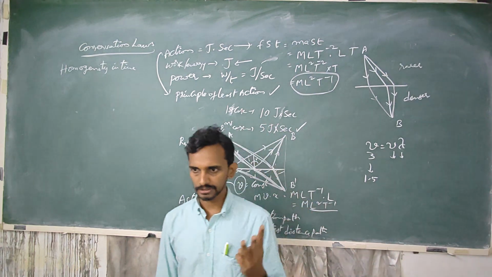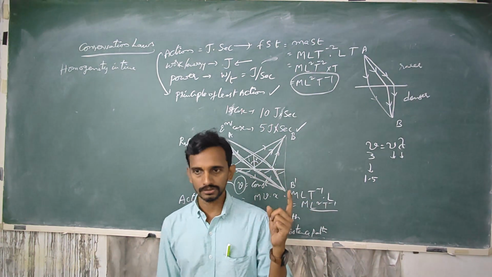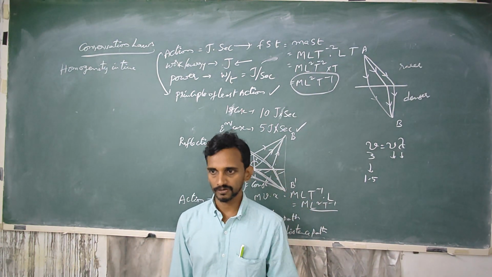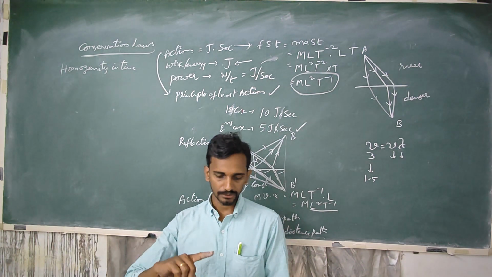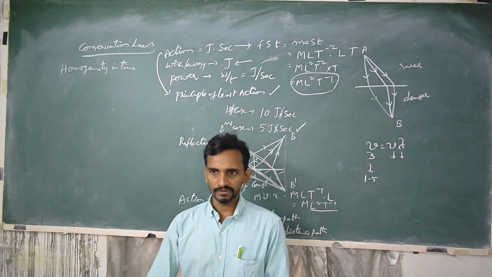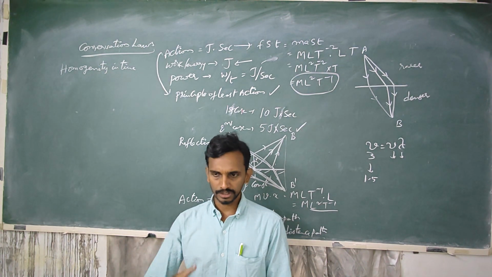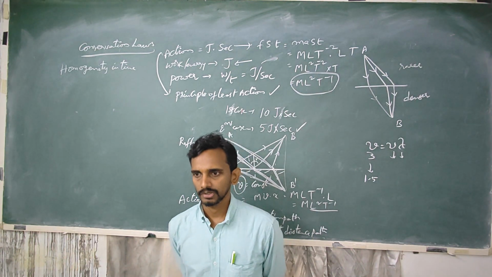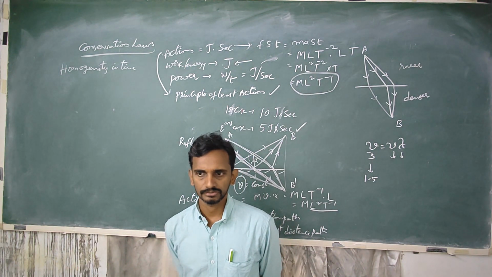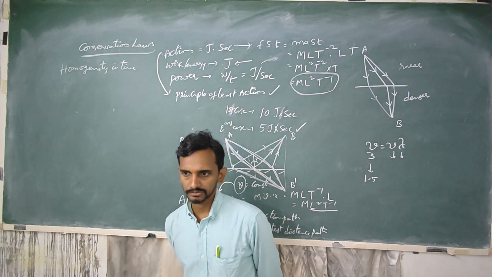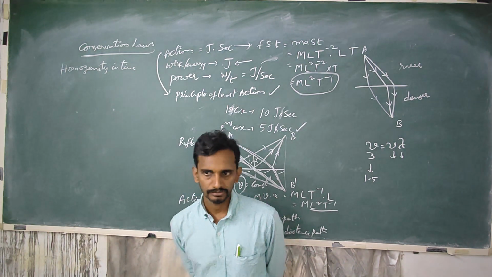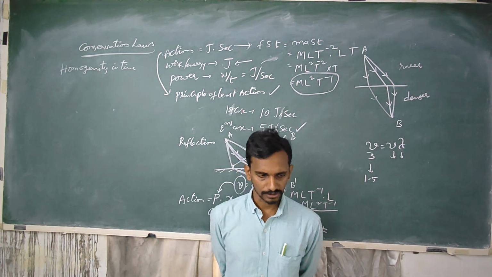I have three possibilities. Either I reduce frequency and keep wavelength constant, or I reduce wavelength and keep frequency constant, or I reduce both. What should I choose? Frequency remains constant. Why?